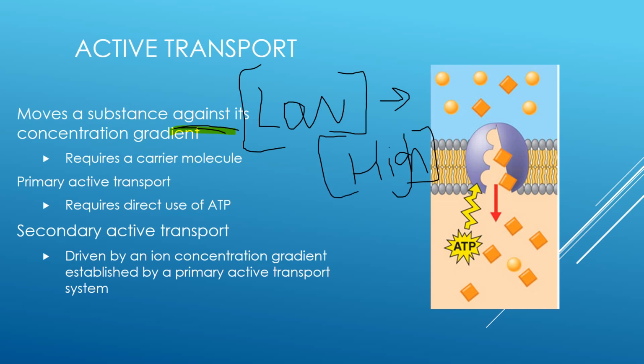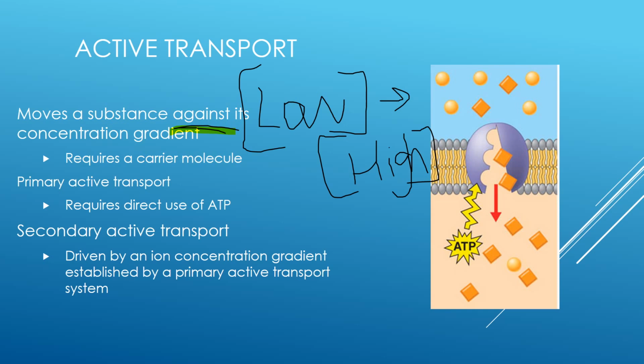This too will require some type of carrier molecule. Sometimes these will occur through different types of pumps. Hydrogen pumps are examples of this, and sodium-potassium ATPase pumps are also an example.